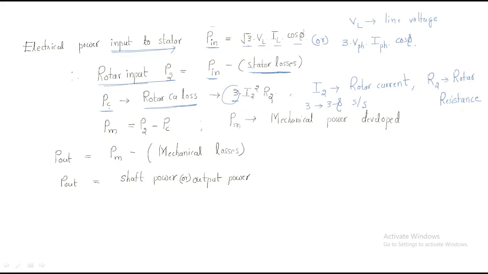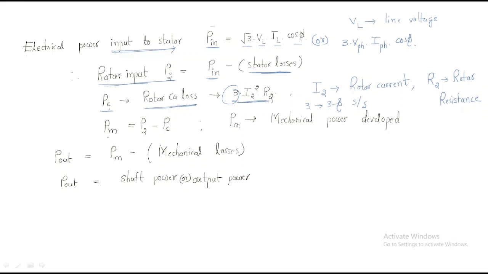So the rotor has a copper loss. We are not concentrating on the rotor iron losses because the rotor frequency is slip times the supply frequency, which is very low, so the iron loss is also very low. That's why rotor copper loss is equal to 3 times I2 square R2.